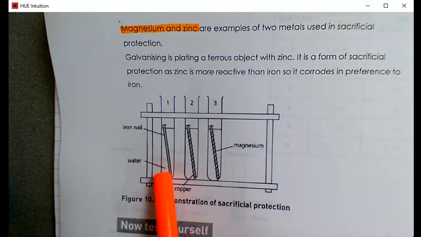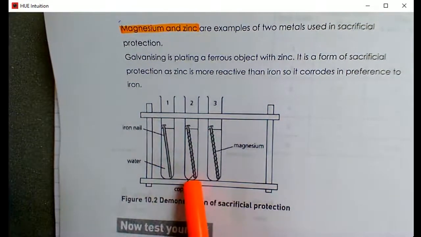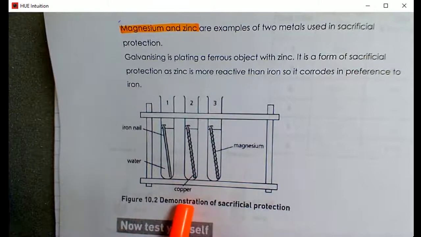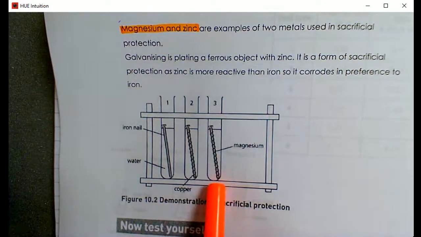So when you have both oxygen and water, rusting will occur, and obviously the metal is iron. In the second one, you've used a less reactive metal in contact with your iron. Now that will do nothing. Iron is more reactive than copper, so it will react in preference to the copper. So the copper will not protect it. But in the third test tube, you will have no rusting because magnesium is more reactive than iron and reacts in preference to it.